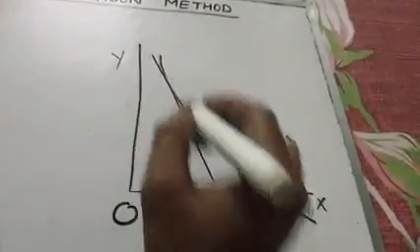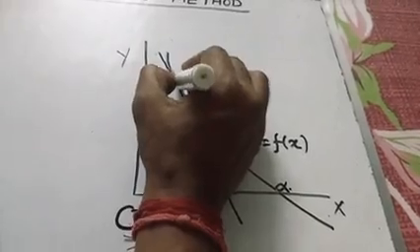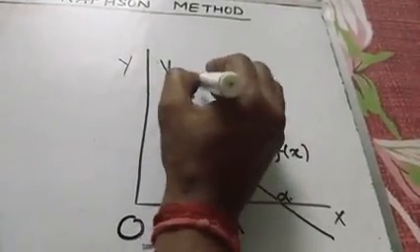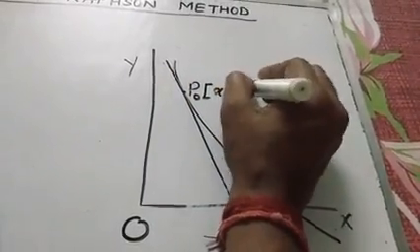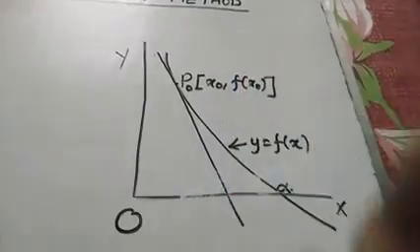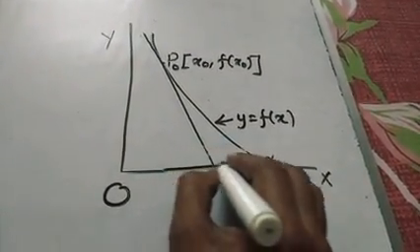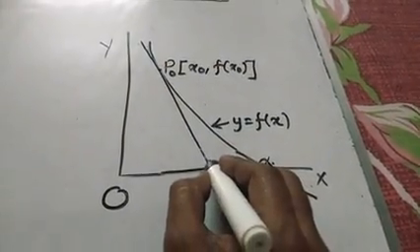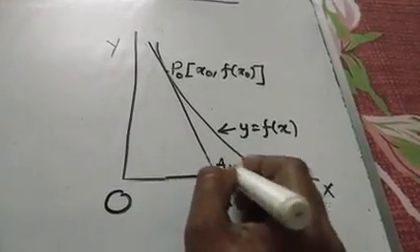Now suppose this tangent touches the curve at this particular point. We denote this point as P0 and its coordinates are x0, f of x0. And the point where the tangent cuts the x-axis, we denote as A1.